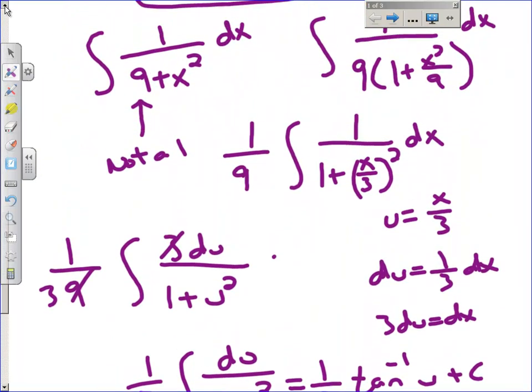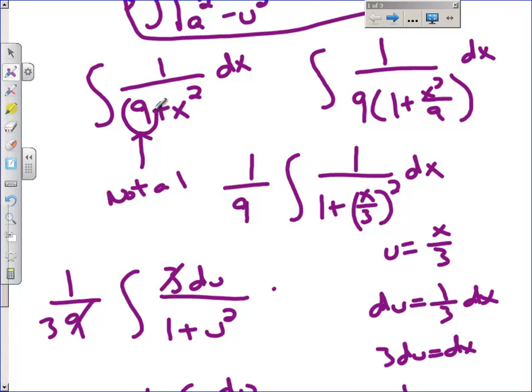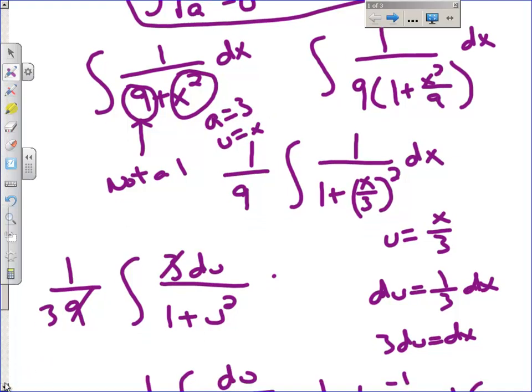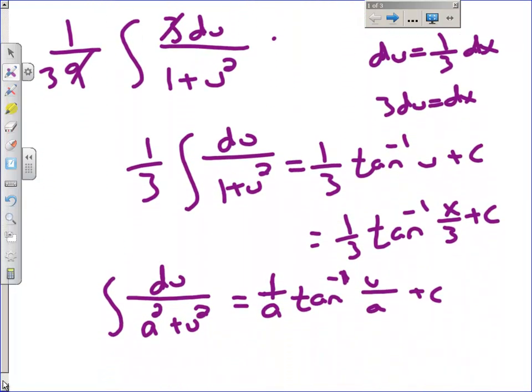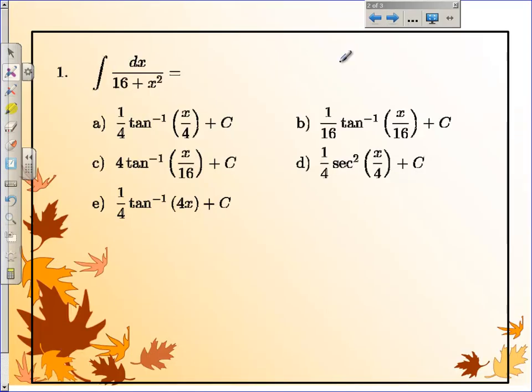Here, this represents a squared, so a would be 3. This represents u squared, so u would be x. So my answer should be 1 over a times the arctan of u over a. So it worked out to be 1/3 arctan of x over 3 plus c. So this is a formula that you want to learn so you don't have to go through all of that algebra. So let's go take a look at a couple examples.